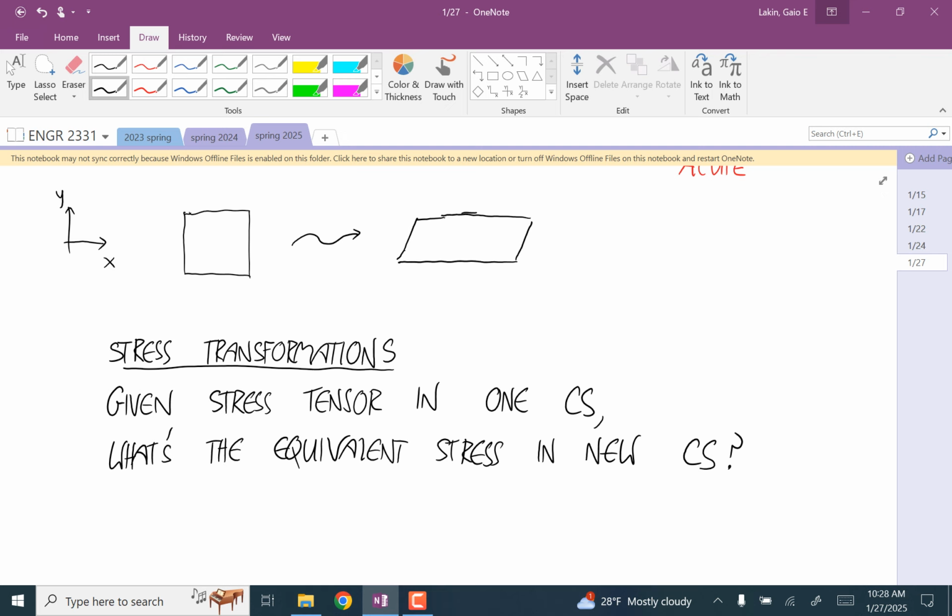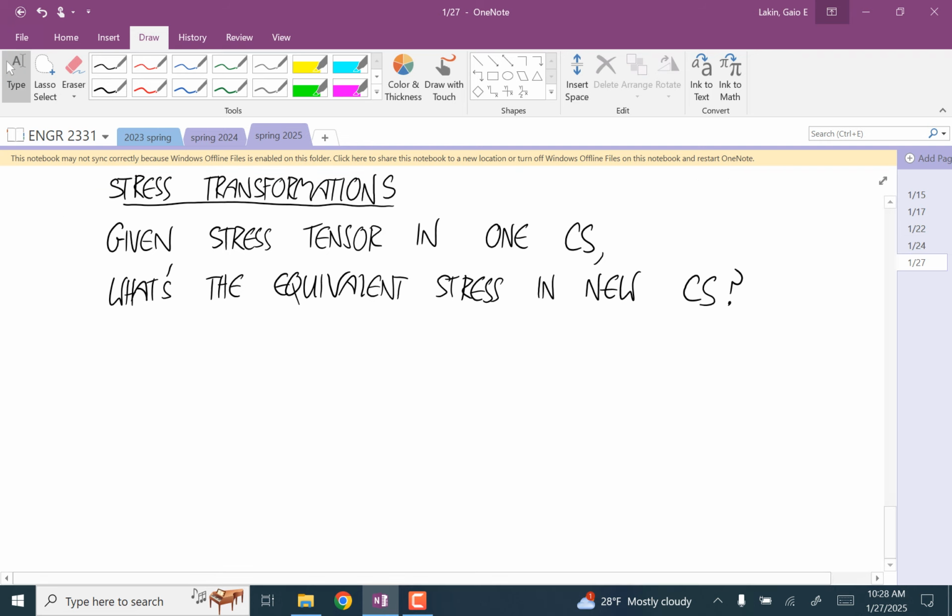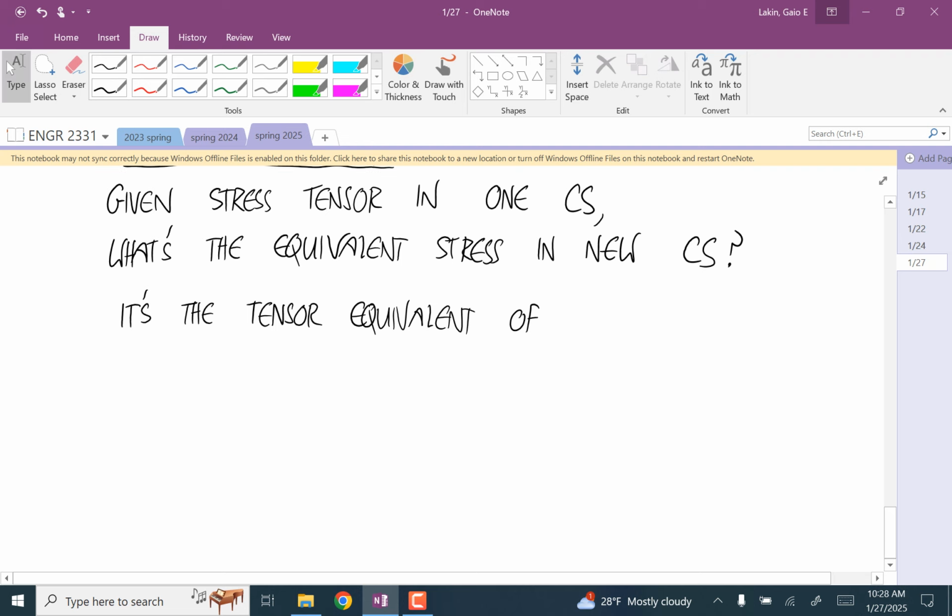Okay, to make sense out of it, think about doing that with vectors. You're very used to that idea. It's the tensor equivalent of that.